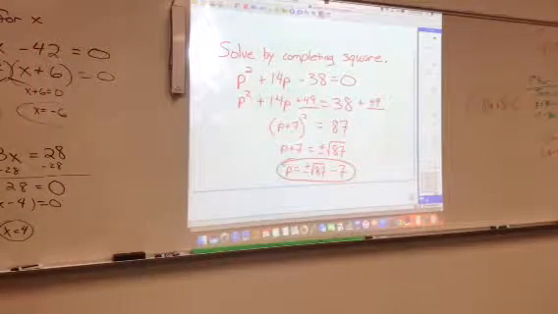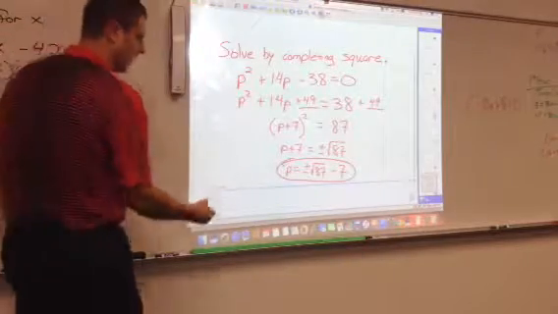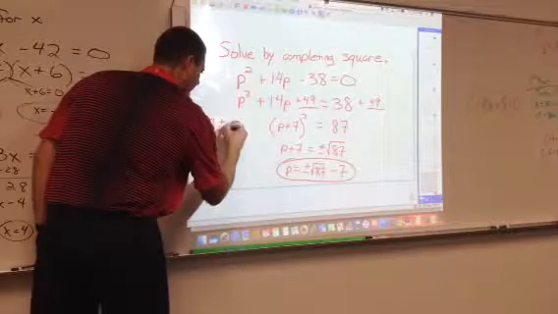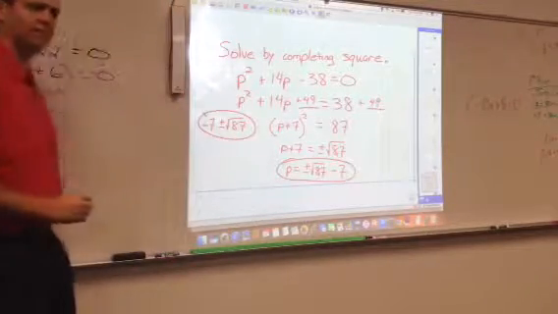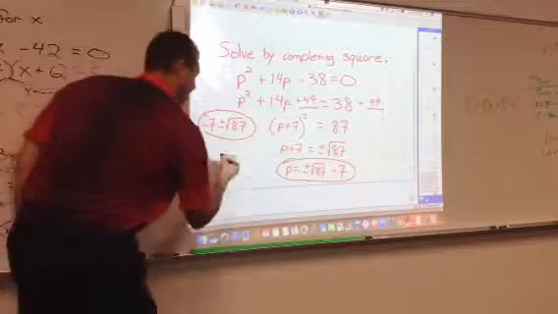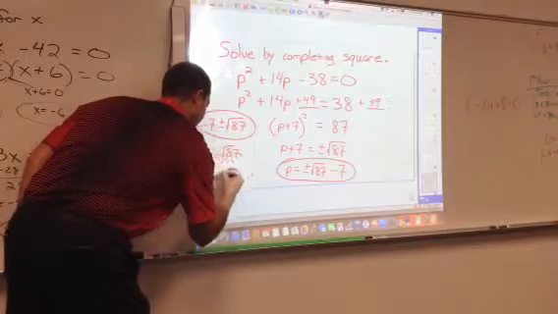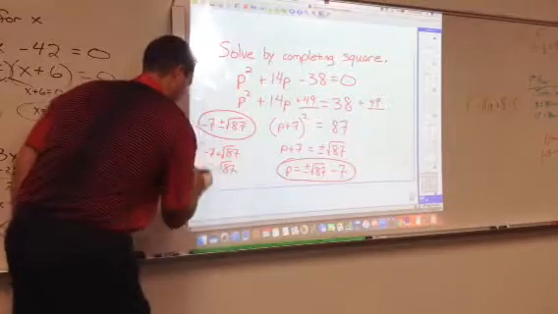There's a lot of different ways you could write your two answers, guys. You could switch the order around. You could write negative 7 plus or minus the square root of 87. You could separate them: negative 7 plus the square root of 87 and negative 7 minus the square root of 87.